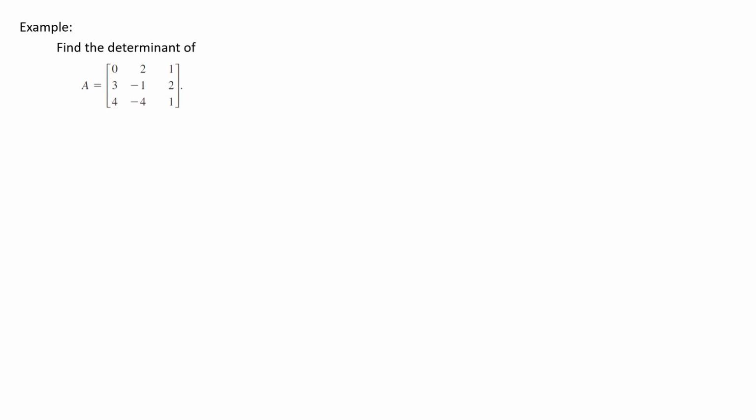So to illustrate this, we have an example. So find the determinant of matrix A. What we do is we will copy the first and second columns to obtain the fourth and fifth columns. We have here 0, 2, 1, 3, negative 1, 2, then 4, negative 4, 1. So we copy these two columns.